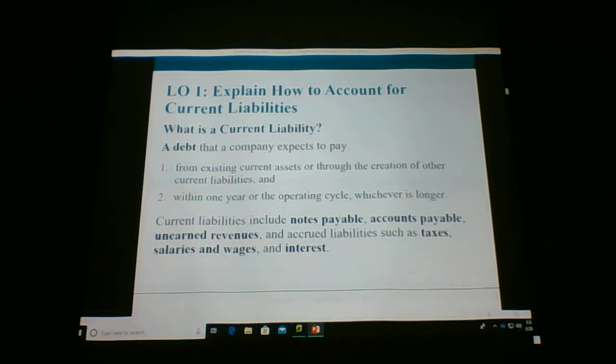Okay. Now, normally a current liability, let's go back up to number 1 for a moment, and let's talk about this. When we say we're going to pay it from current assets, what are we talking about? Well, primarily what we're talking about here is cash. We have a bill that is a current liability, a debt, an obligation. We are going to pay that obligation through current assets, specifically most of the time through cash.